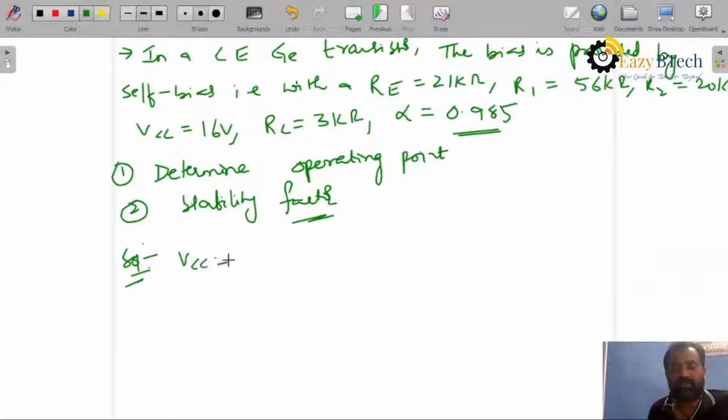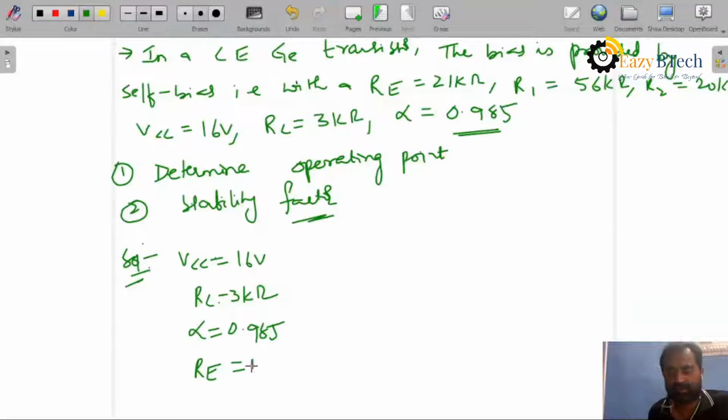VCC is given, 16 volts, and RC is given, that is 3 kilo ohm, alpha is given 0.985, next RE is given. RE how much? RE he has given as 2 kilo ohms.